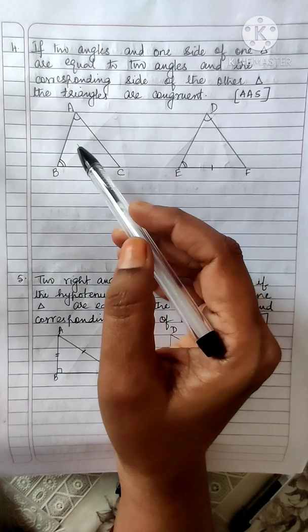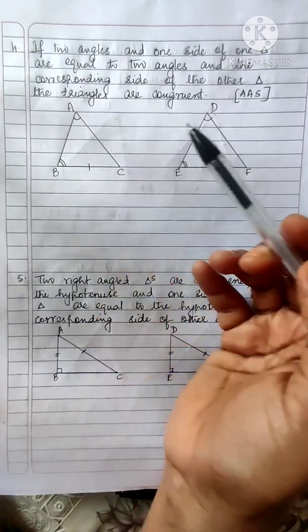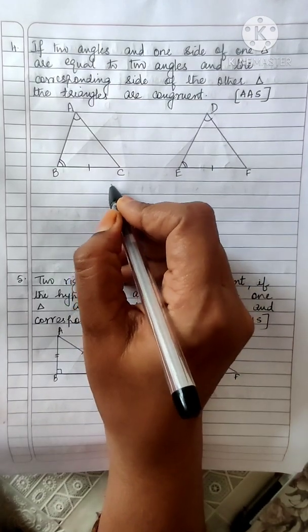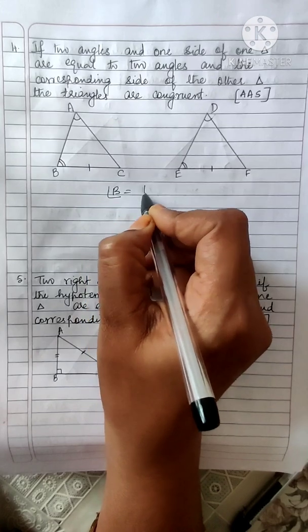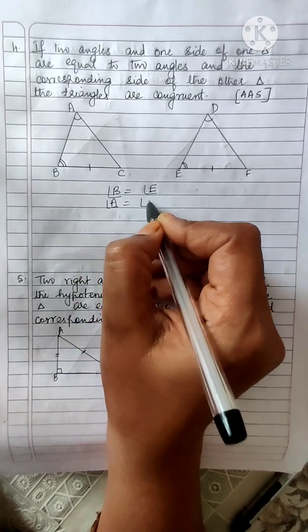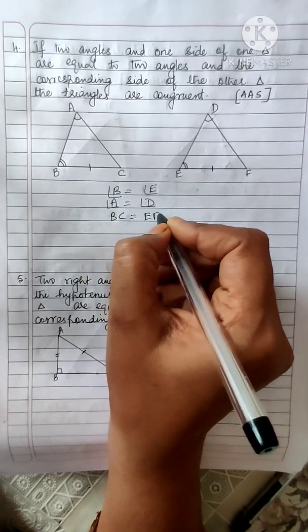Now here you have an example. Two triangles, one is triangle ABC and the other one is triangle DEF. Here angle B is equal to angle E, angle A is equal to angle D, and BC is equal to EF.